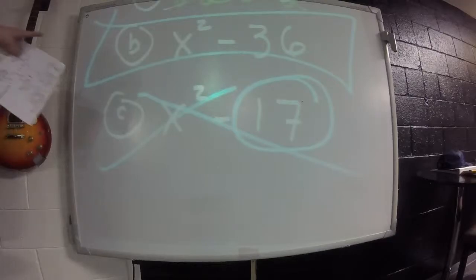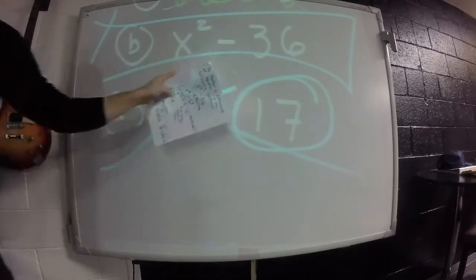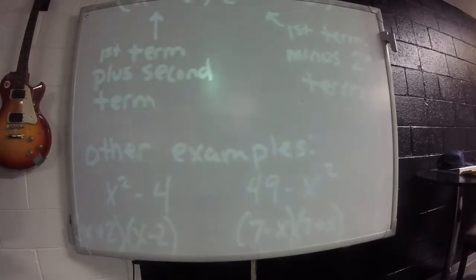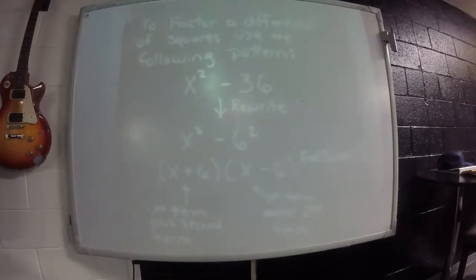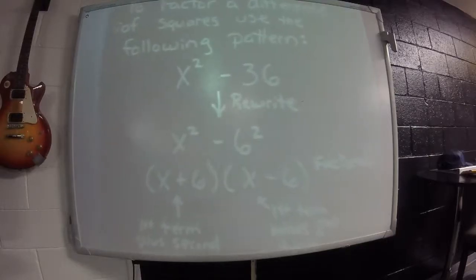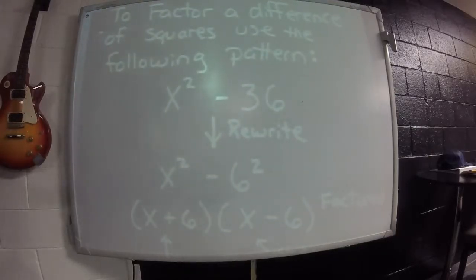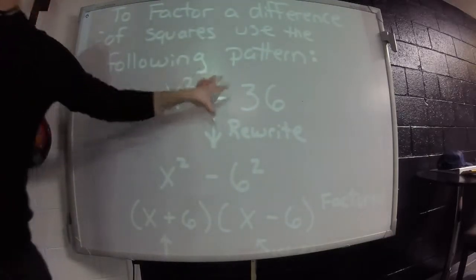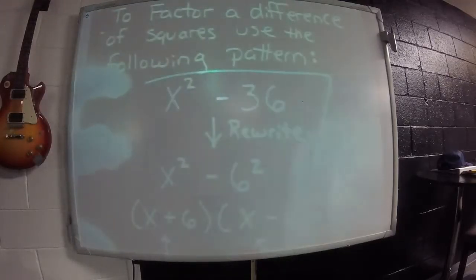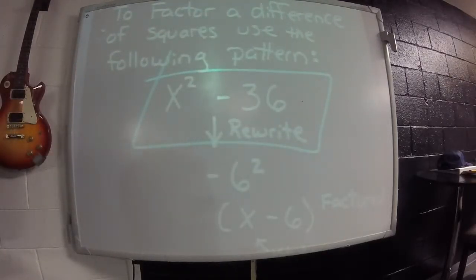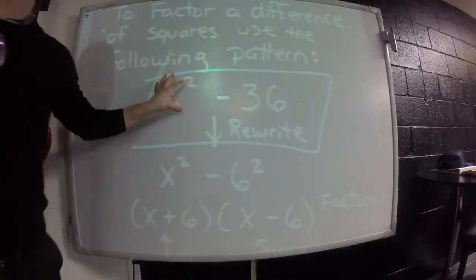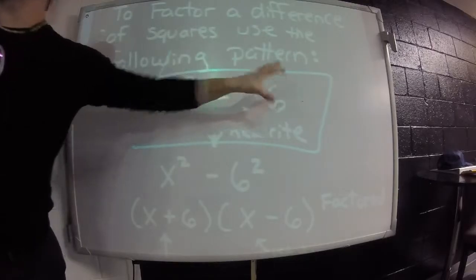We're going to take this exact one, and I'm going to show you how to factor it. There's a little bit of a pattern. Some of this is repetitive, so you might be able to skip some of these steps. To factor the difference of squares, use this pattern. When you see x squared minus 36, and your brain registers, oh, that's subtracting two squares. X squared, that's a square. 36, that's a square.